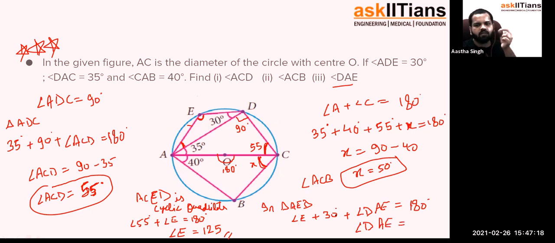So 125 plus 30 will be equal to how much? 155. 180 minus 155 will be equal to how much? 25. So you got all the values, right?